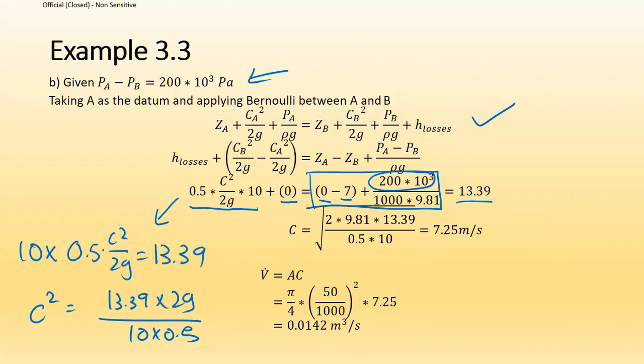If you bring the square over, you'll get the square root. So this will give me my c value. Today the unknown is actually in c, and this c happens to be in the H loss. Once we have the c value, we can apply the discharge to find my v dot. So A times c, and this gives me my v dot.